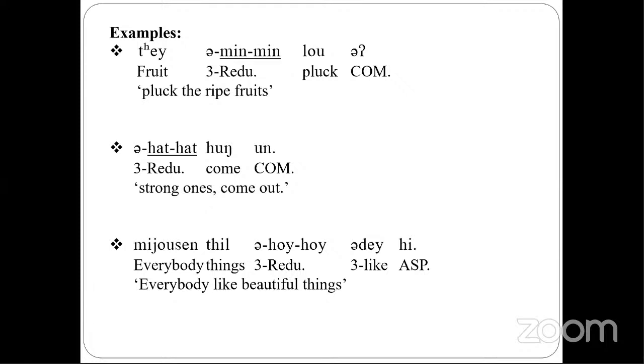This is not a case of plucking only one ripe fruit, but it can mean many ripe ones out of many fruits. They have to pluck all the ripe ones. And a hot moon means strong ones come out. And mizo sentil ahoy hoy adehi: everybody likes beautiful things.